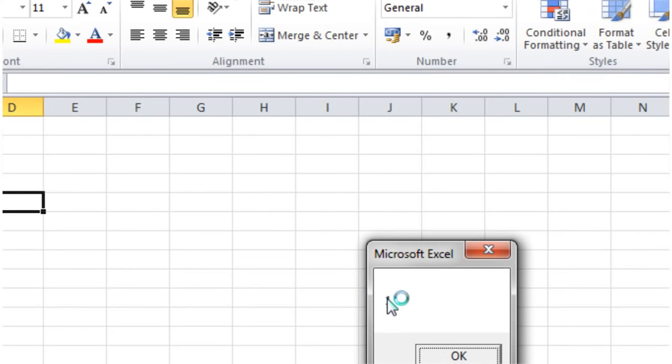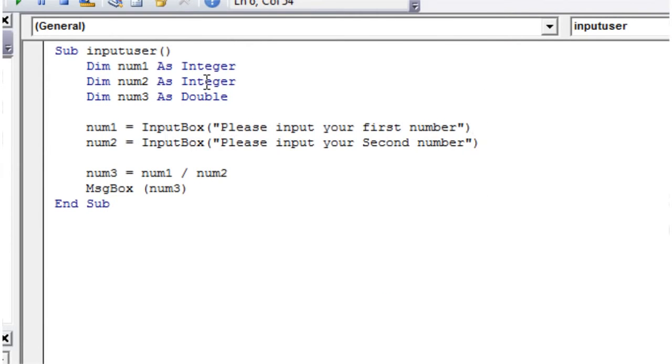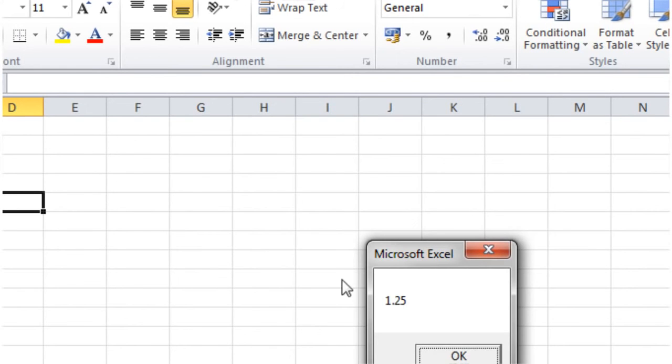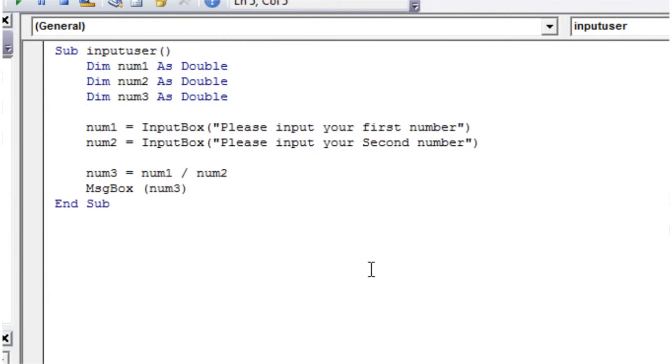It's going to come out with 1 because it's going to round the 2.5 down to 2. So in order to do this, we need to put a double in here and another double in here and press play. And then if we put in 2.5 divided by 2, that's going to give us 1.25, which is the answer we wanted.